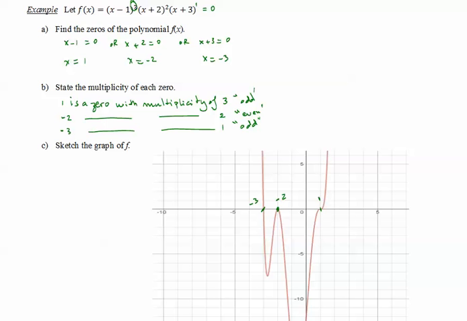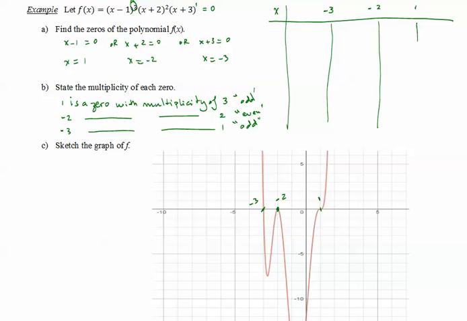Here is another way of finding out how to get to this point here on the graph. I'm going to make a table with all the zeros like on a number line. So minus 3 is first, and then negative 2, and then 1. This goes from negative infinity, just like the graph, to positive infinity.